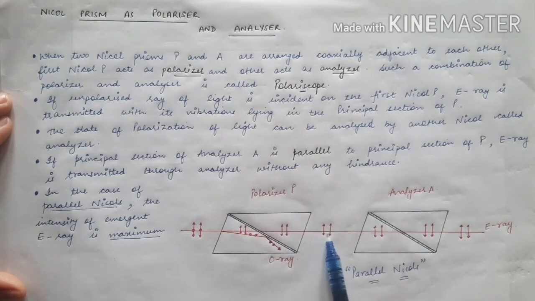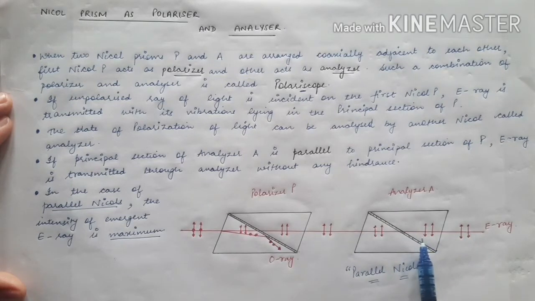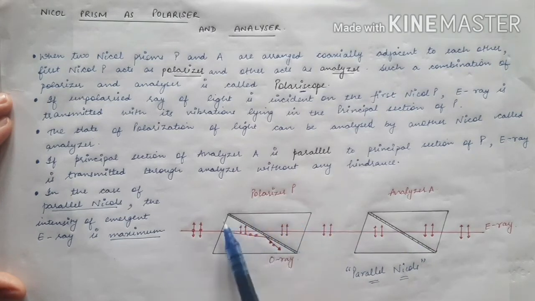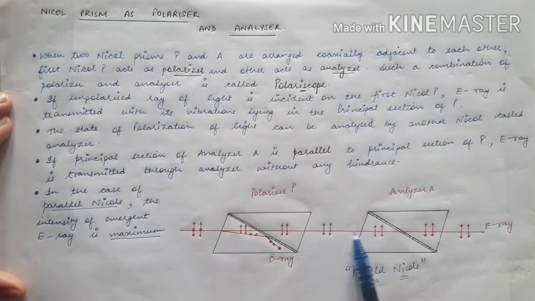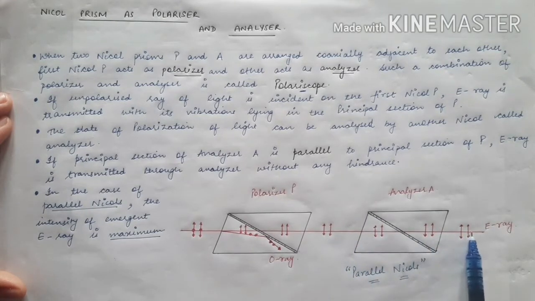Therefore this E ray will also get transmitted through the second Nicol prism, because the vibrations of the electric field which are in the plane of the principal section of the Nicol prism are allowed to pass through. The same E ray falls on another prism whose principal section is also parallel to the vibrations of the electric field, so it will pass through the second Nicol prism.